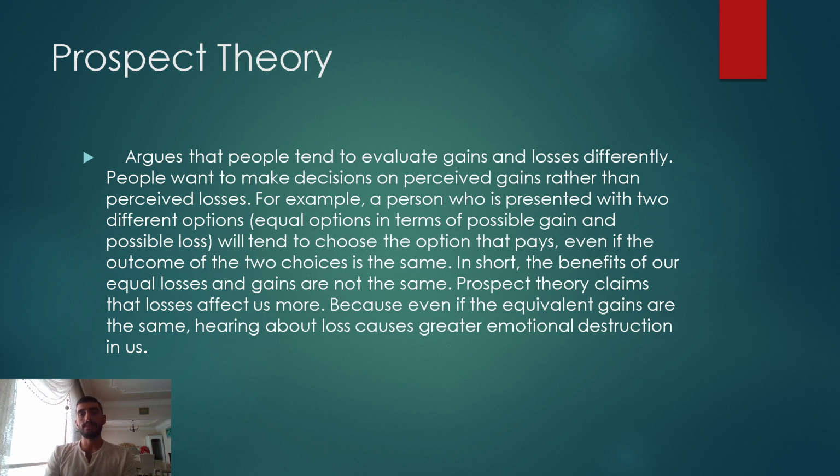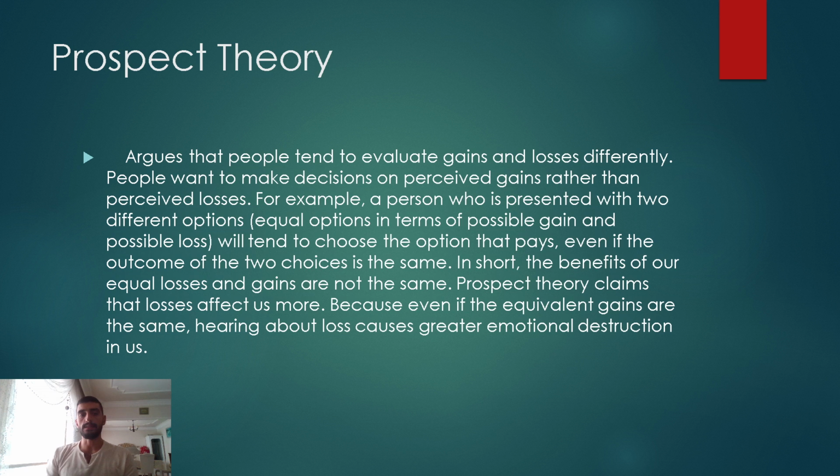For example, a person who is presented with two different options, equal in terms of possible gain and possible loss, will tend to choose the option that pays, even if the outcome of the two choices is the same. In short, the benefits of our equal losses and gains are not the same.